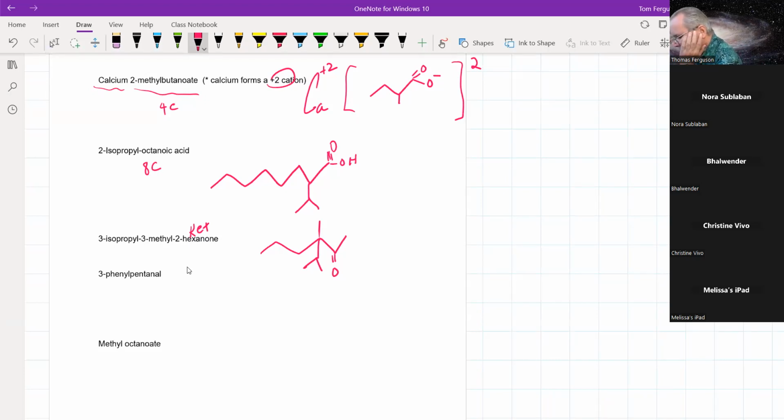Okay, so we have a penta-al. It's an aldehyde. And 1, 2, 3, phenol.